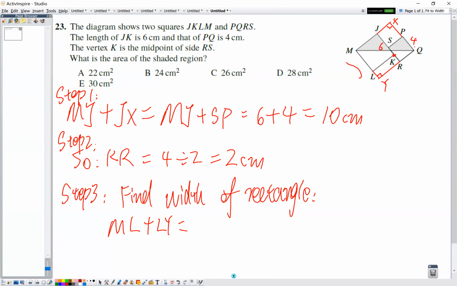ML plus LY is this bit. This bit is actually equal to ML plus KR because LY is equal to KR. The value we have is 6 plus 2, which becomes 8 centimeters here.